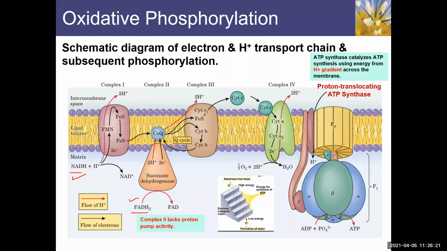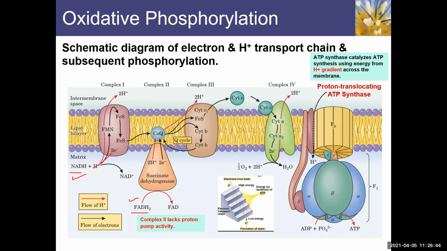Okay, is it okay till now? So when each proton pump accepts the electron over here, it will use some of its energy. Now the question is, how will these protons be pumped to the intermembrane space?